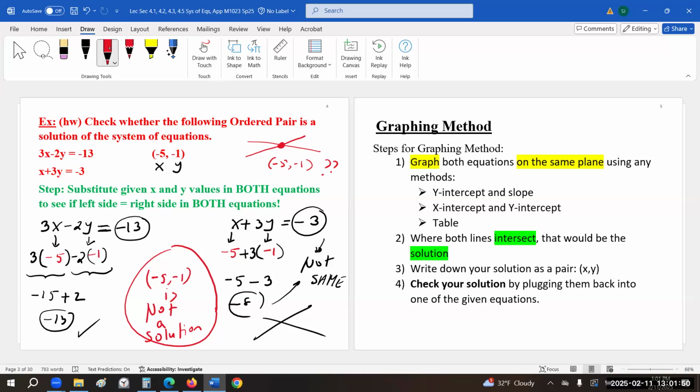And we already know by now how to graph equations. We have three methods: either use plotting points, or use y-intercept and x-intercept, or use slope and y-intercept. So 3 ways, just graph them and then see where they intersect.